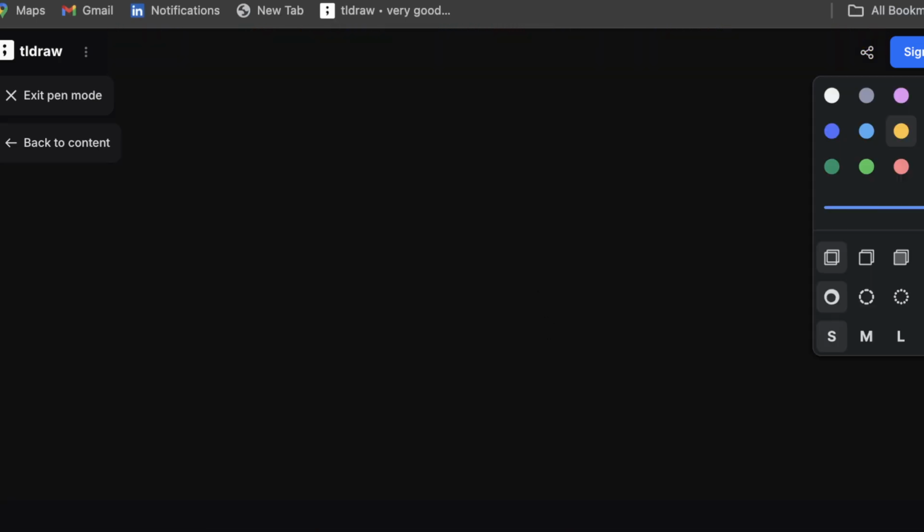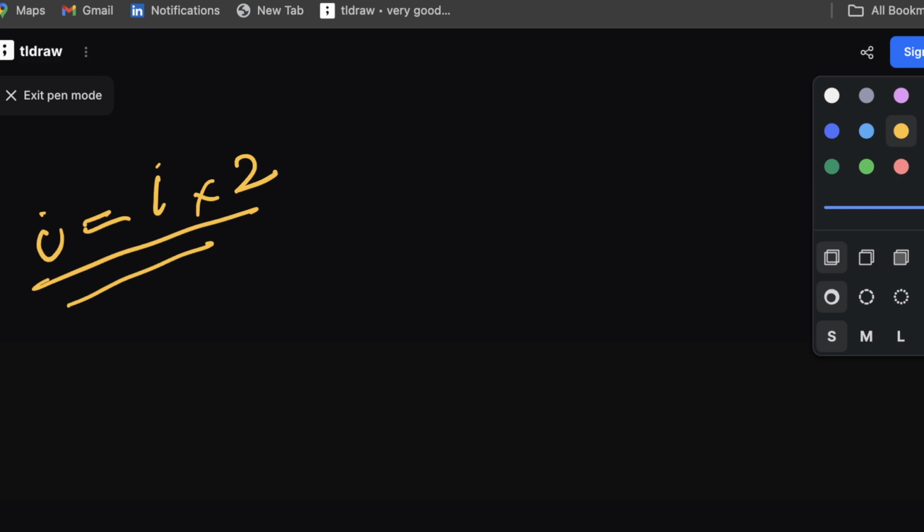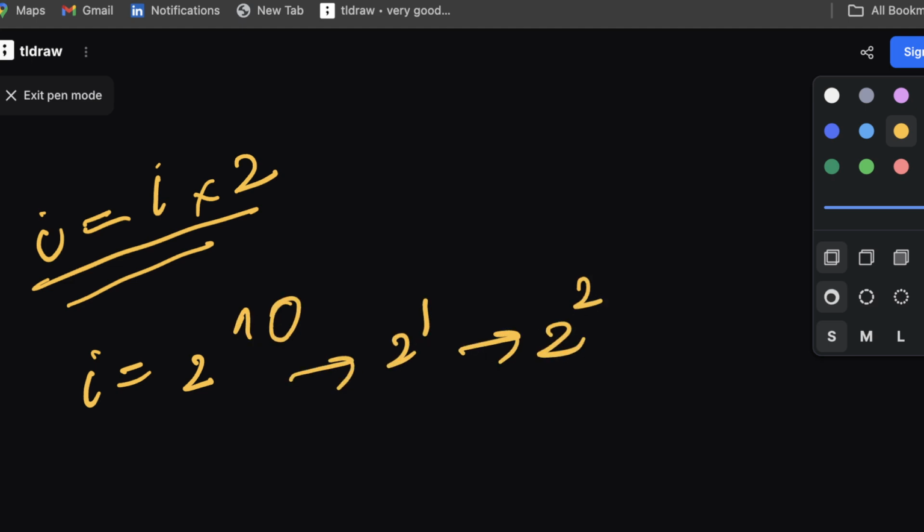Okay, so suppose if I'm doing I into 2, right? If I'm doing this approach, so then what is going to happen is I is going to be 2 power 0, 2 power 1, 2 power 2. This is 2 power something, right?